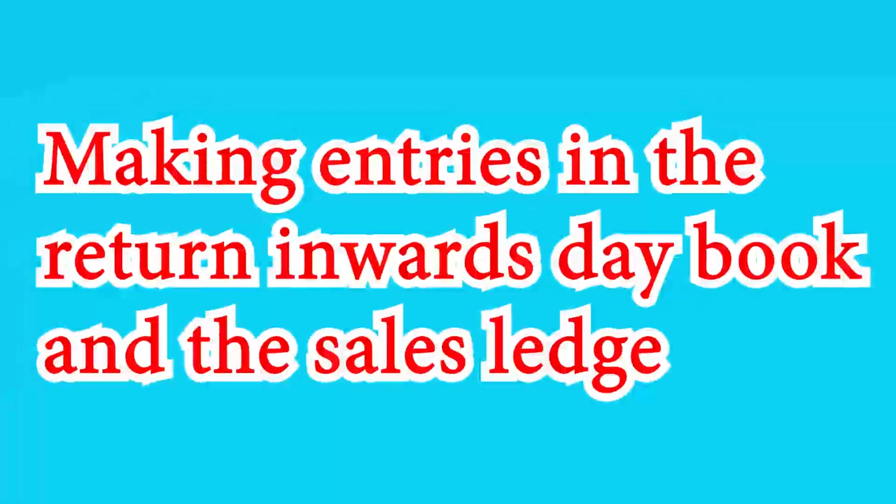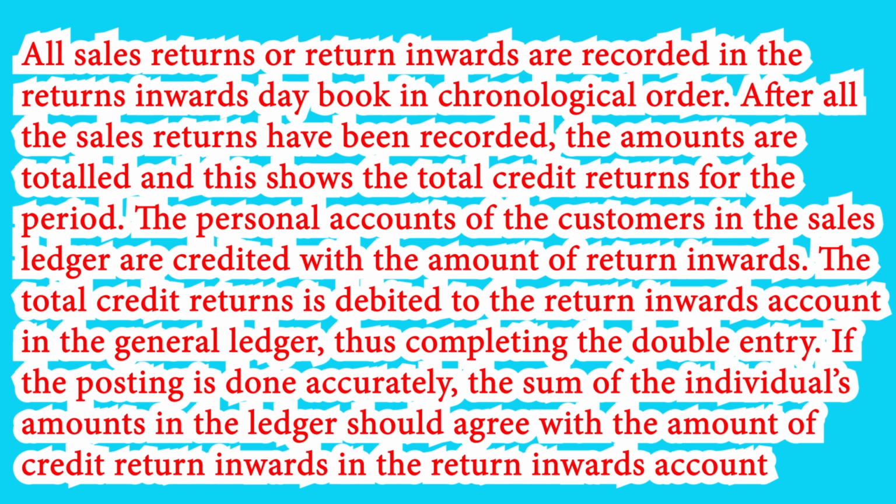Let us now look at making entries in the returns inwards daybook and the sales ledger. All sales returns or returns inwards are recorded in the returns inwards daybook in order of dates. After all the sales returns have been recorded, the amounts are totaled, and this shows the total credit returns for the period.